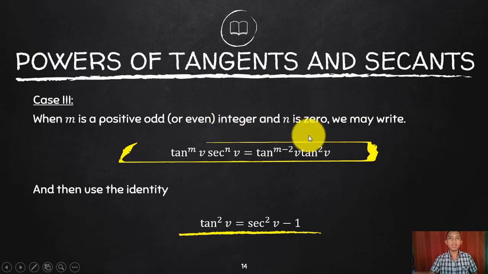So what we only have here is tangent, since the exponent for secant is 0. How are we going to do that one? We cannot make use of case 1 or case 2. So all we have to do now is bring outside two of that tangent, and then make use of this identity to simplify.